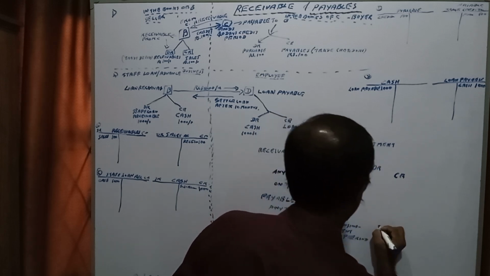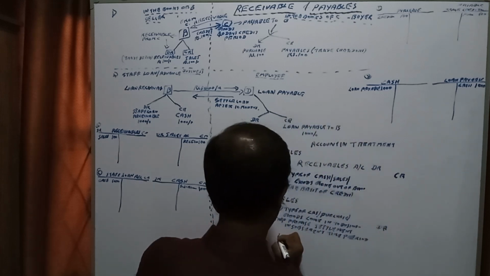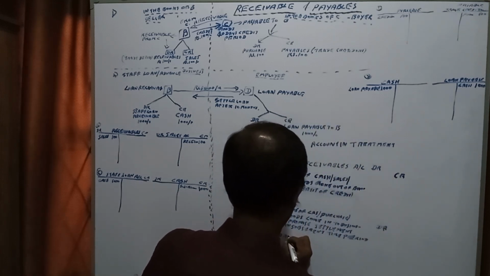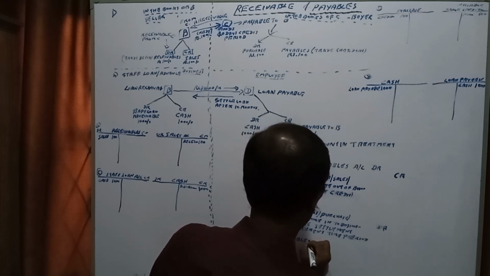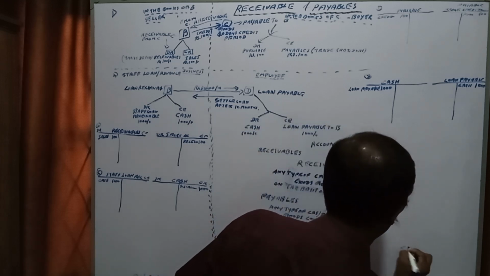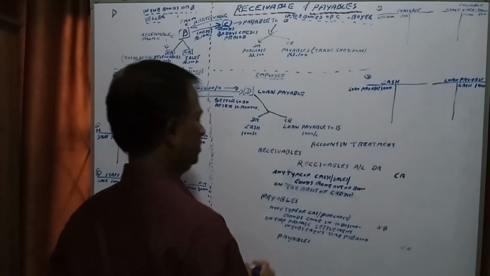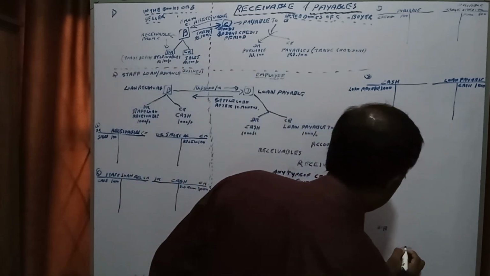That is debit, and payables credit. This is the double entry, you can say.